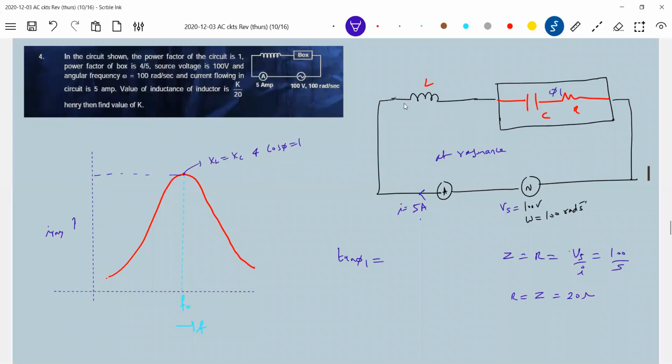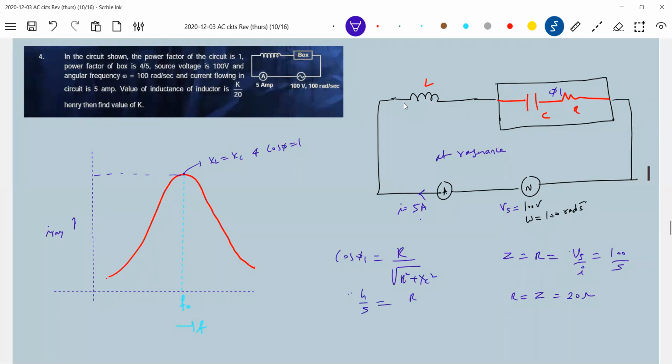So tan phi 1 should be equal to XC by R. First, the power factor of the box, we'll write it: cos phi 1 is R by root of R square plus X square.